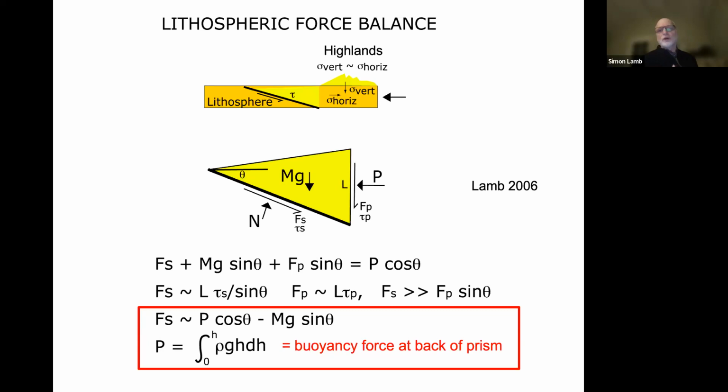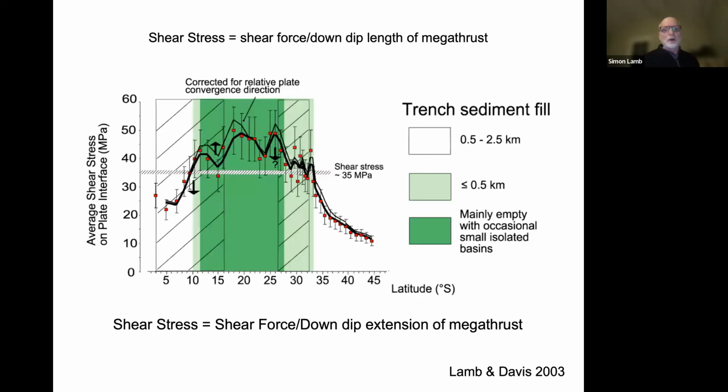So we can calculate what we call a force balance. We use the gravitational stresses from the weight of the mountains to calculate what the stress must be on that megathrust.